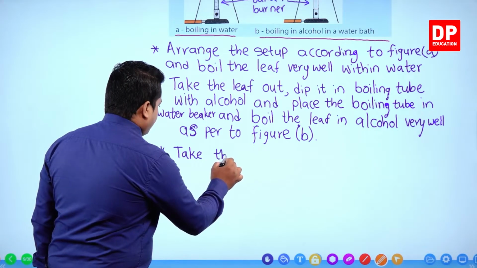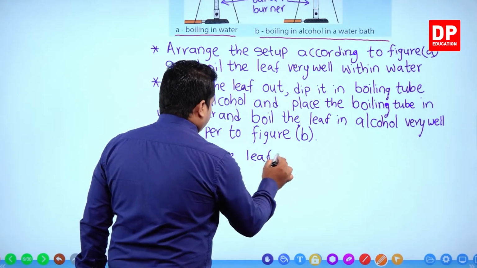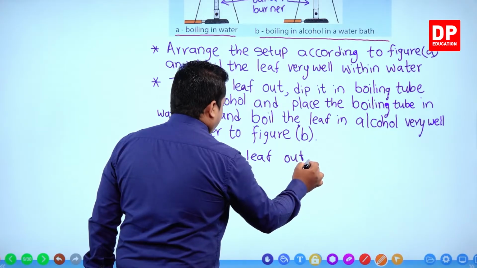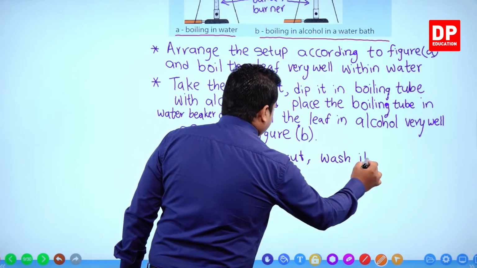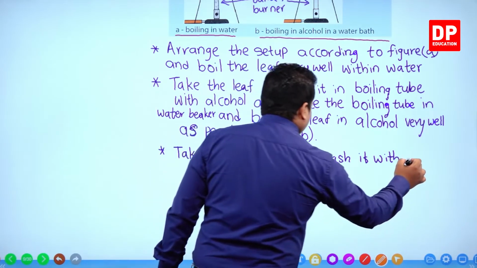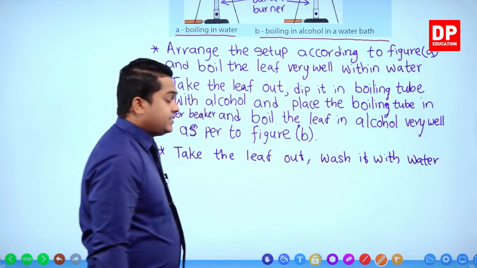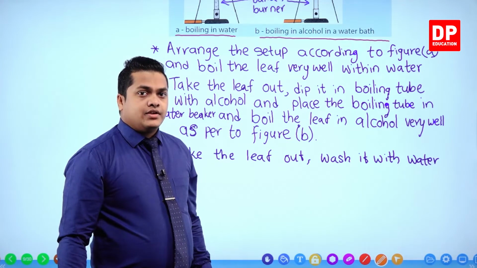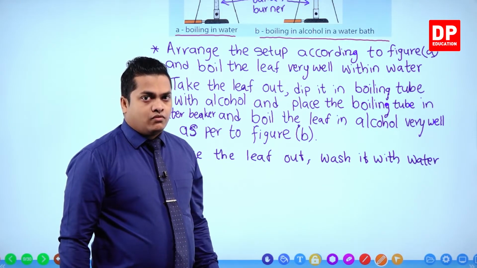Third step. Take the leaf out. Wash it with water. We have to wash it with water as there is alcohol on the surface of the leaf. First of all, wash it with water.